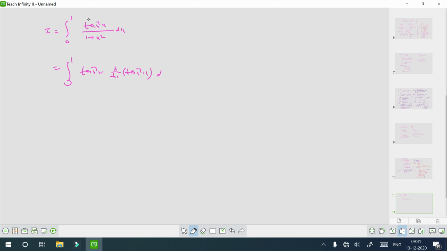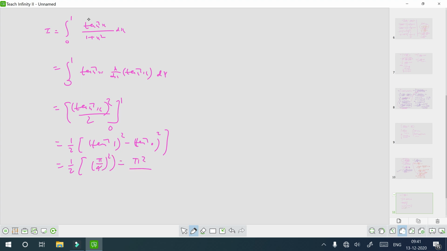Yes, its derivative is here. So that is equal to (tan inverse x) whole square by 2, 0 to 1. So 1 by 2 common, (tan inverse 1) whole square minus (tan inverse 0) whole square, 1 by 2, (pi by 4) whole square, pi square by 32.